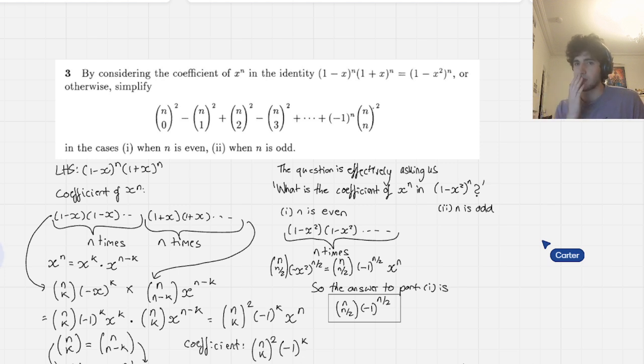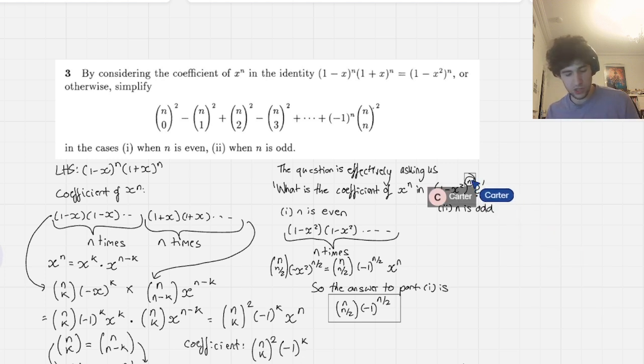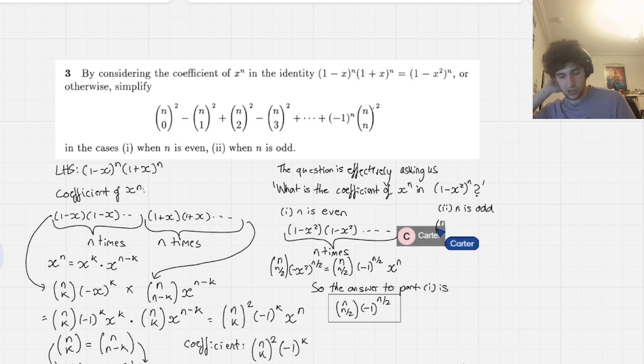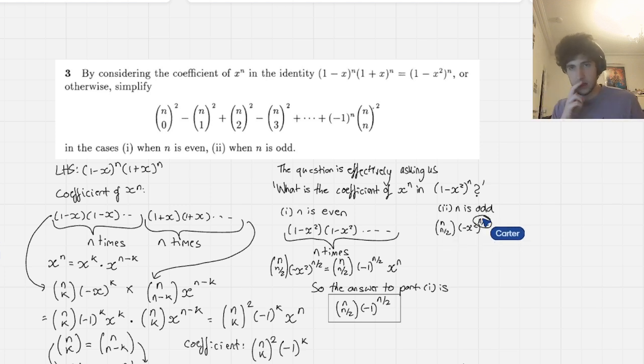So n is a positive integer, and I'm doing this multiplication n times. Now, you might think that it might be the same answer, n choose n over 2 times minus x squared to the n over 2. But the problem is this isn't quite right. If n is odd, then it doesn't have a factor of 2, so n over 2 isn't even an integer. So this wouldn't even be possible.